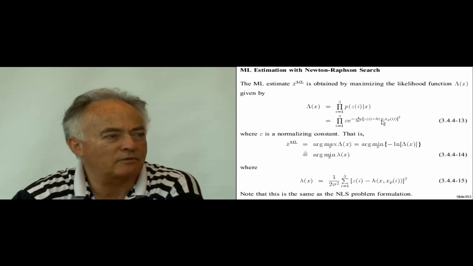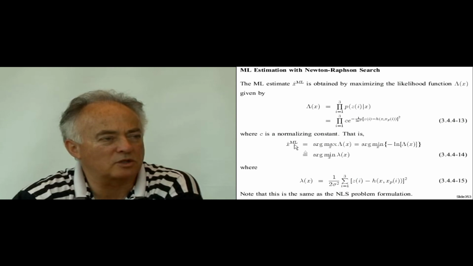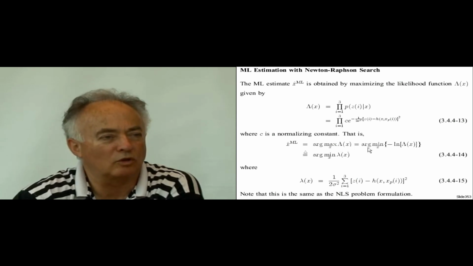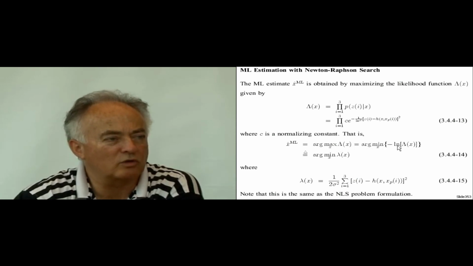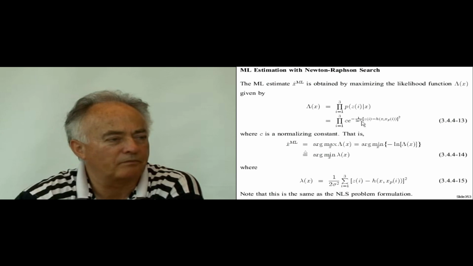So what we are after is an x hat maximum likelihood, which is the argument that maximizes lambda of x with respect to x, or minimizing the negative log likelihood function, which is denoted by lowercase lambda of x. So this is the capital lambda likelihood function, this is the negative log likelihood function, nothing but the exponent. We don't care about the constant.